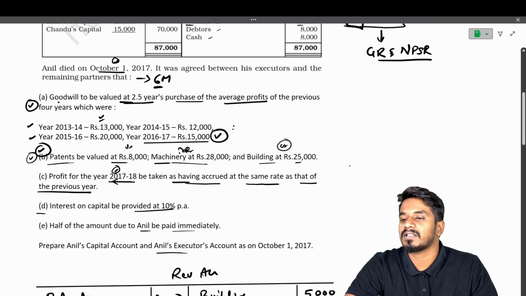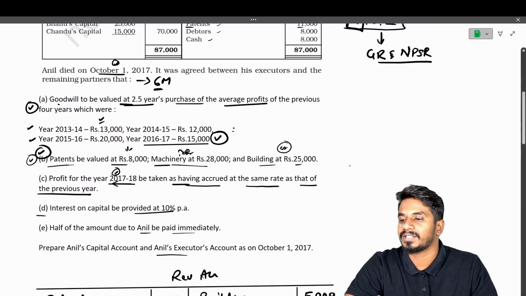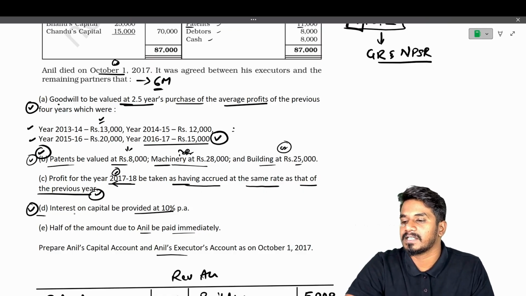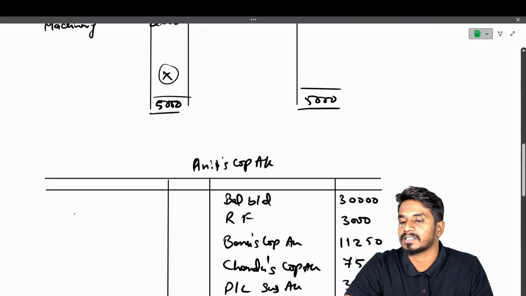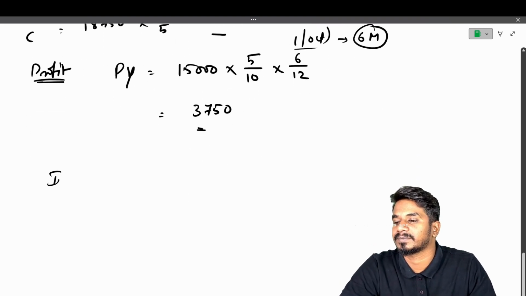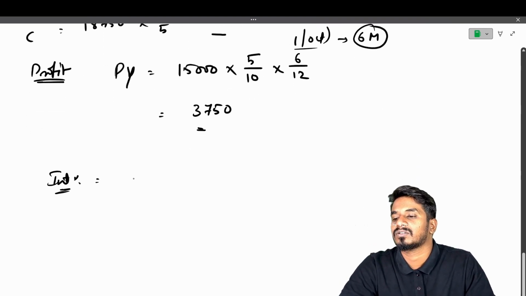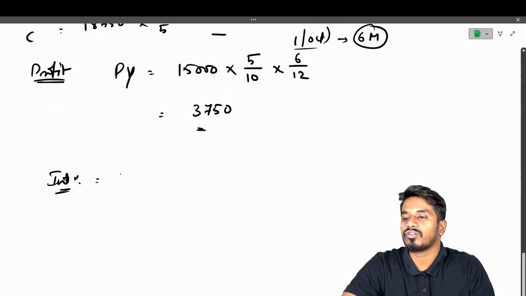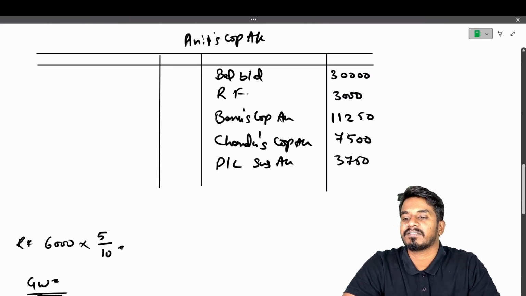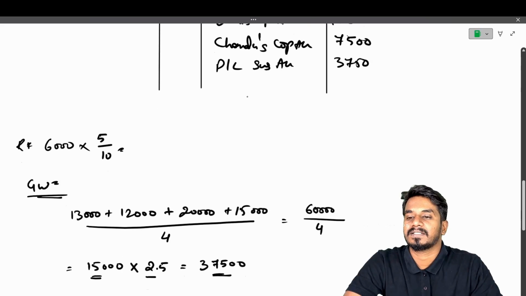The next thing given in the question is interest. The profit is done. How can we calculate that? Let me calculate interest. What is the capital of the dying partner? Here we have taken the balance as 30,000.